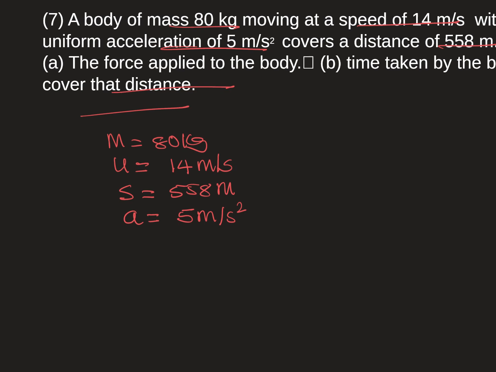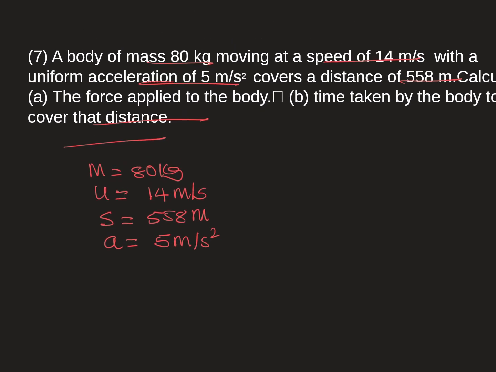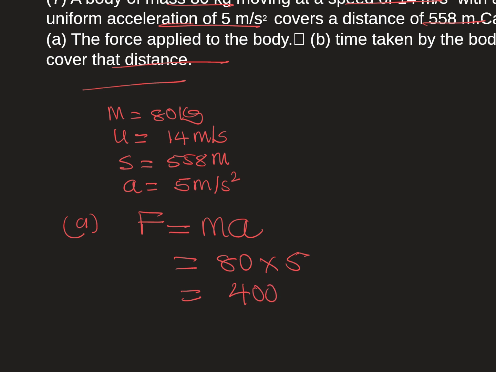So it asks us to calculate the force. From Newton's second law of motion, force is equal to mass times acceleration. The mass given is 80, and the acceleration is 5. 80 multiplied by 5 is 400 newtons.